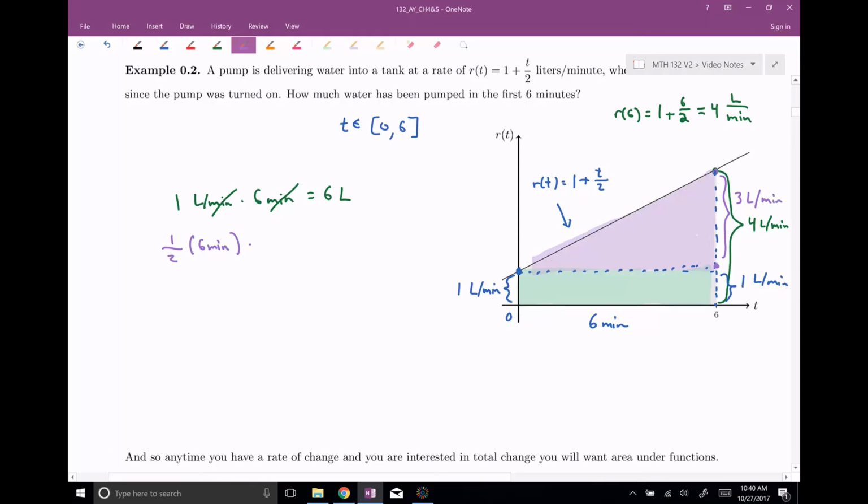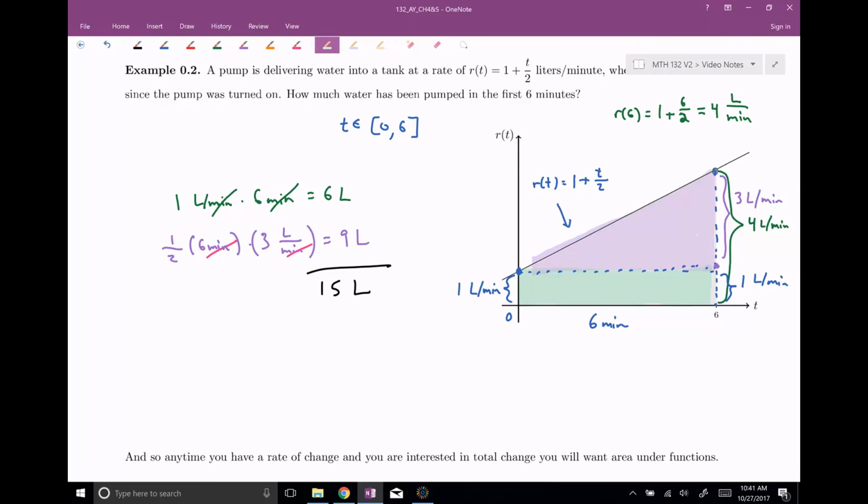Again, we can see there's some nice cancellation. There's a minute in the numerator, there's a minute in the denominator. And so in this case, we're going to have 1/2 times 6, that's 3, times another 3, that's in total 9 liters. So if I add together the area of the purple triangle and the green rectangle, we're going to get a total of 15 liters.